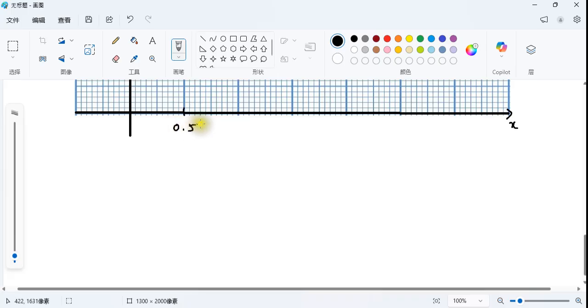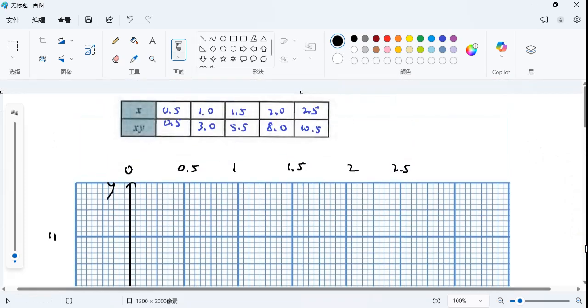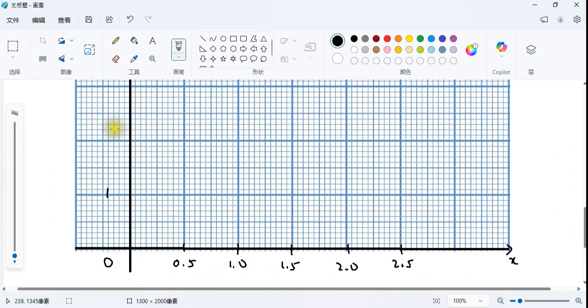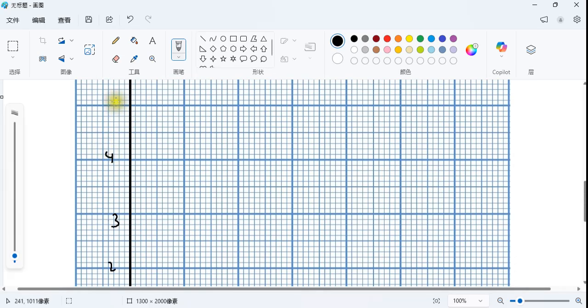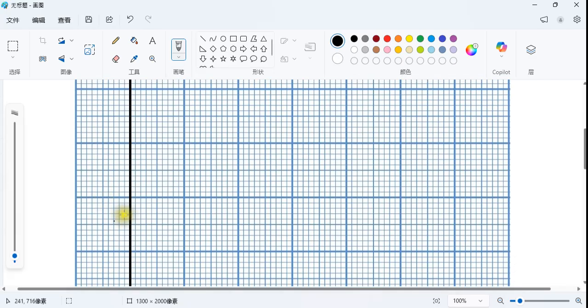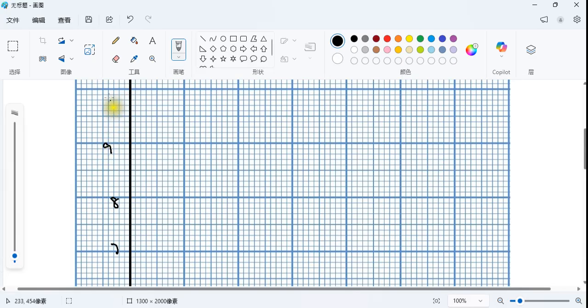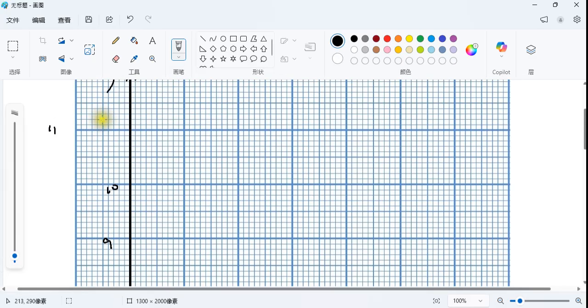So we have 0, 0.5, 1, 1.5, 2, 2.5, and then 0. And then we have 1, 2, 3, 4, 5, 6, 7, 8, 9, 10, and then 11.